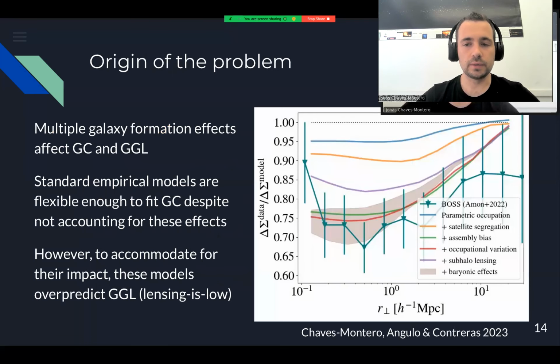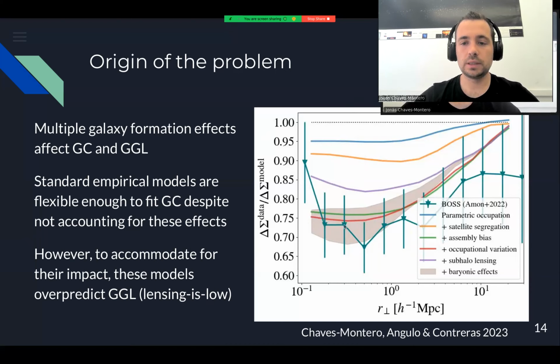And this is what we found: as we were considering the breaking of more galaxy formation assumptions of these models, we were increasing the discrepancy between galaxy-galaxy lensing predictions and measurements, to the point that after considering all the different galaxy formation effects that we found important for galaxy clustering and galaxy-galaxy lensing, we were able to reproduce the same lensing slope problem as the one found from observations.